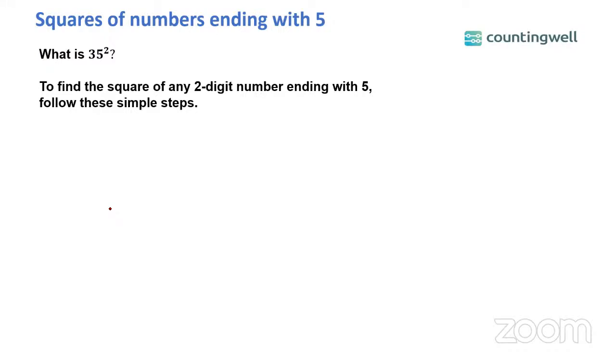Let us see squares of numbers ending with 5. There is one trick to find the square of numbers which are ending with 5. For example, if we take a number 35. 35 is quite a large number, and to find the square of this number quickly, we will use this trick. But for this trick, the number should end with 5.